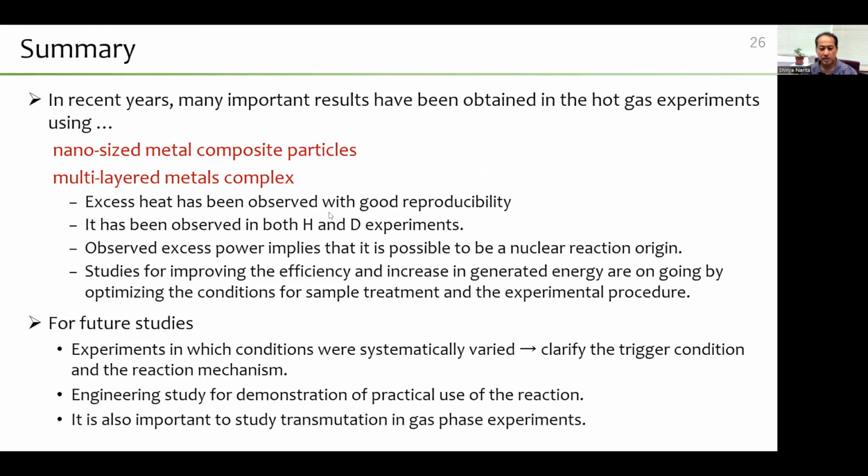Excess heat has been observed with good reproducibility, in both hydrogen and deuterium experiments, and the excess power implied that it is possible to be of nuclear reaction origin. And studies to improve the efficiency and increase the heat generated are going on, to optimize the conditions for sample treatment and the experimental procedure.